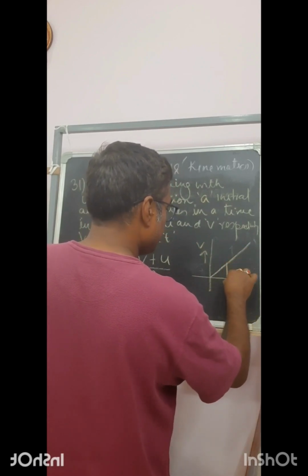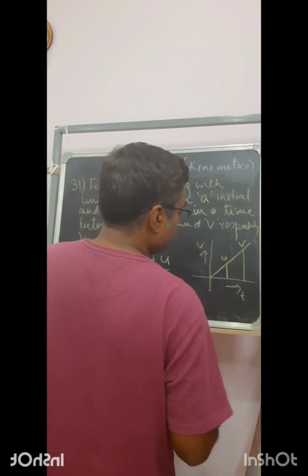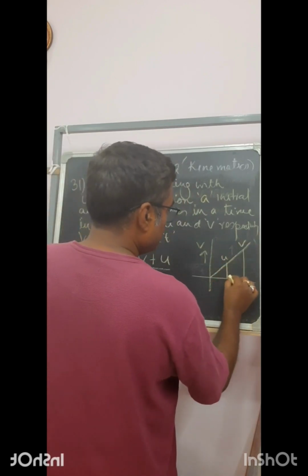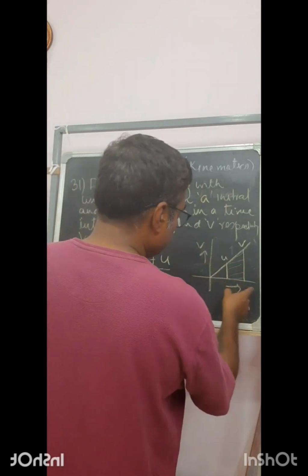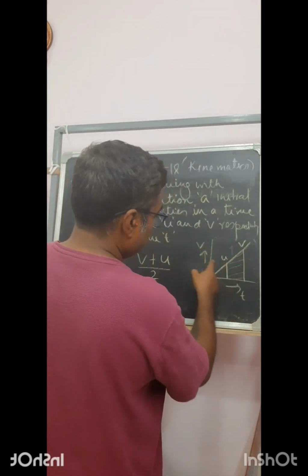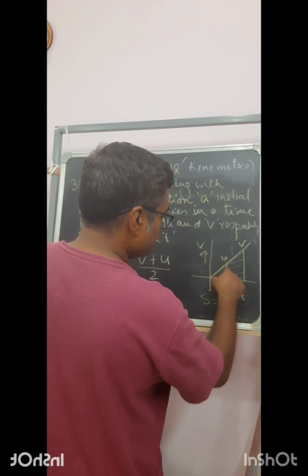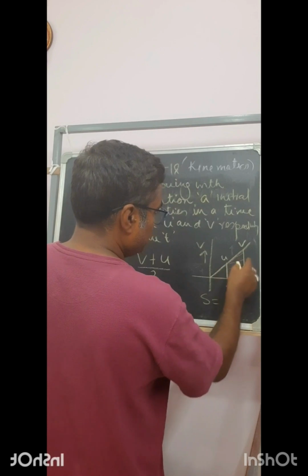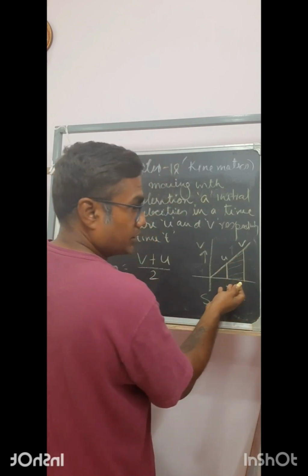If I take any two points where the initial velocity is u and the final velocity is v, to find the distance traveled, if I calculate, it is the area of this trapezoid.